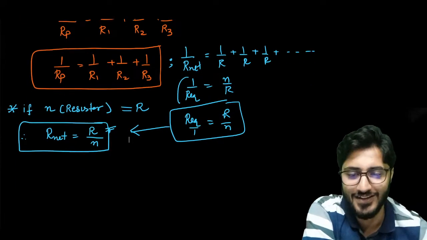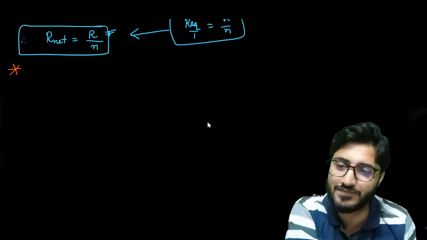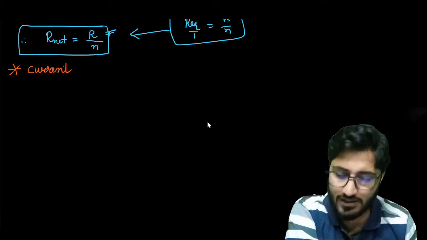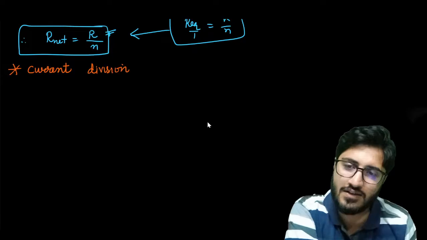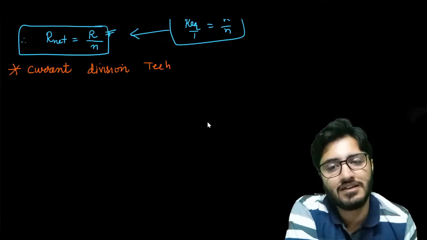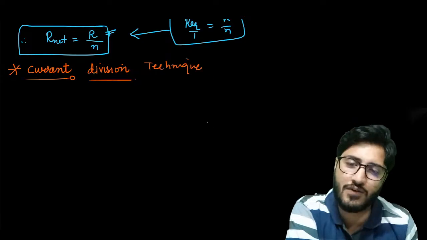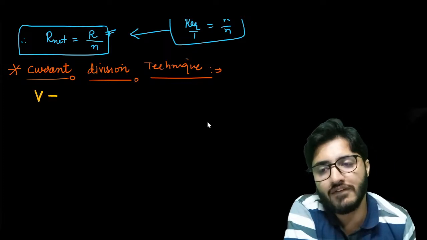I will write here, current division technique. Current division technique. Okay. We know one thing now, sir. What? By Ohm's law, V equals IR.